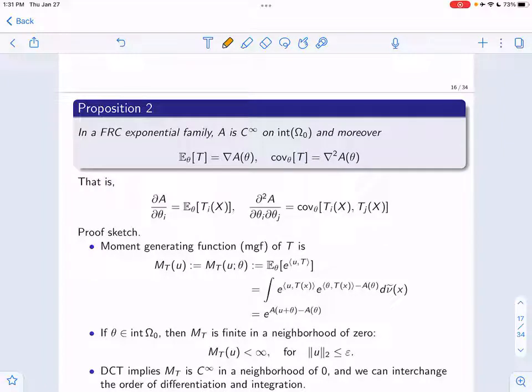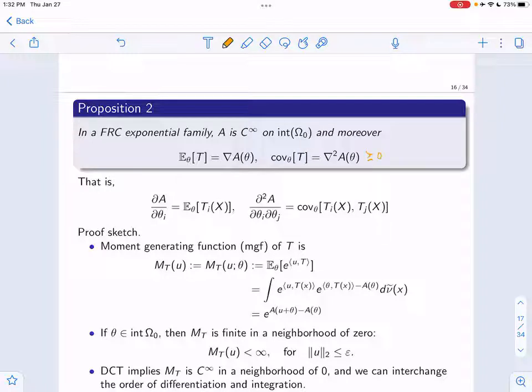If you know about the differential characterization of convexity, which you'll probably see in your homework as well: for a second order differentiable function, convexity is equivalent to the Hessian being positive semi-definite.